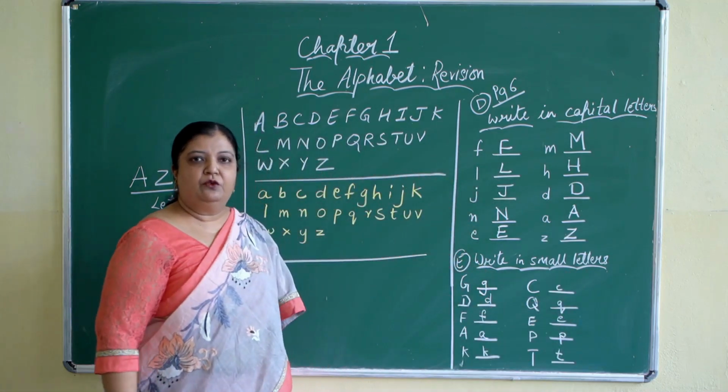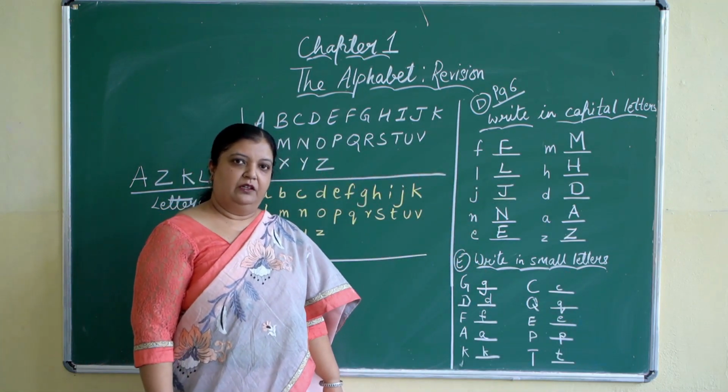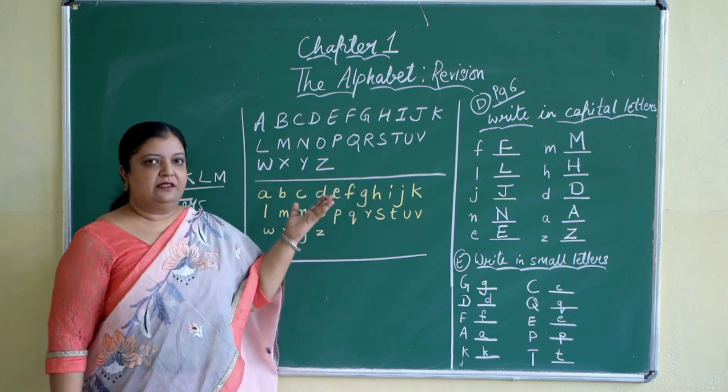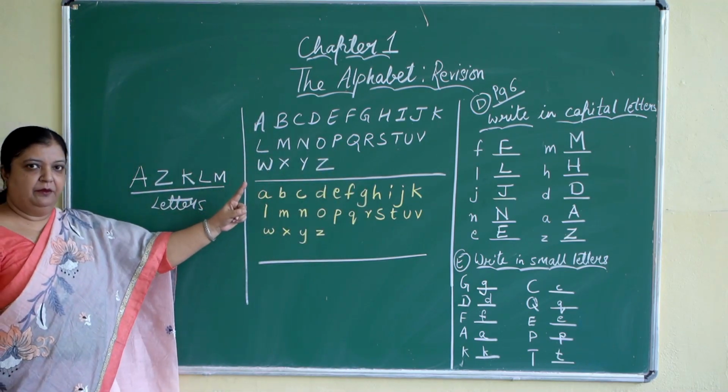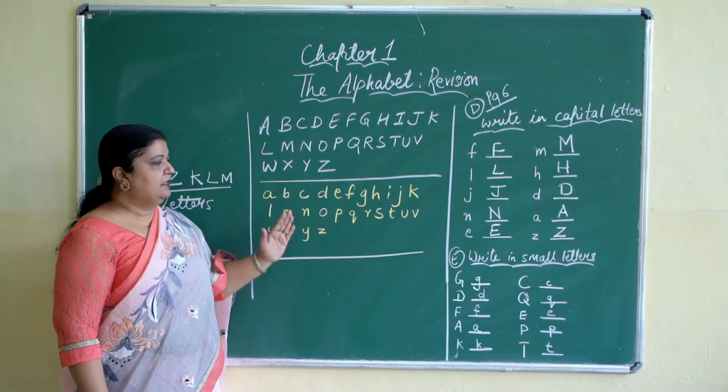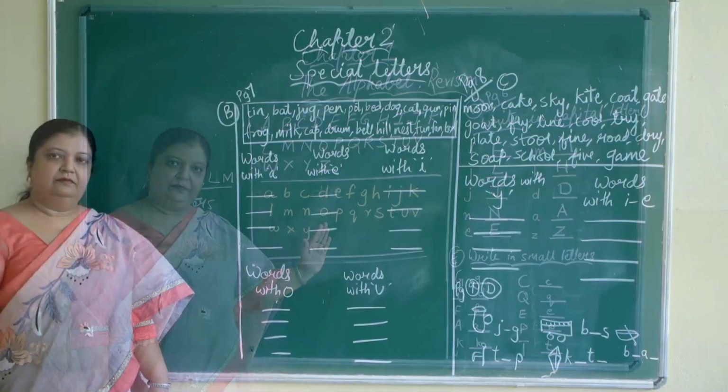The other 3 rows you can do as homework. So I hope, children, the concept is clear about letters and alphabet, capital letters and small letters.